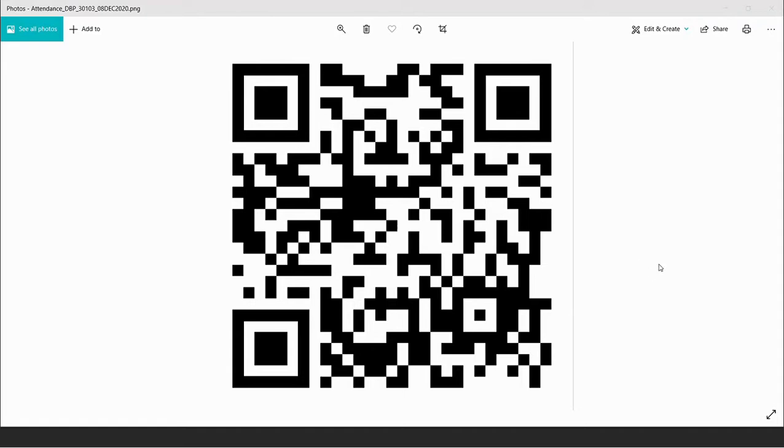Okay, so hari ni topik kita ialah sample size determination, and kalau kita sempat kita sambung dengan sampling method.